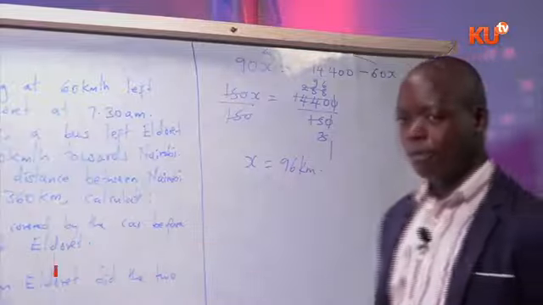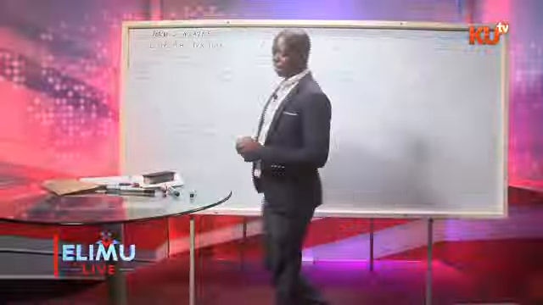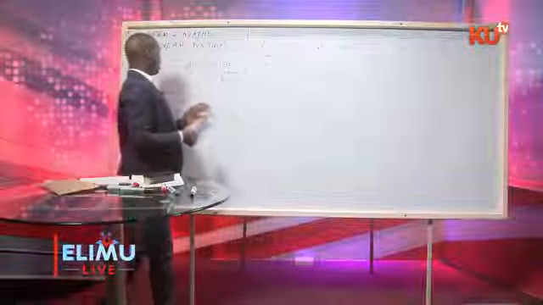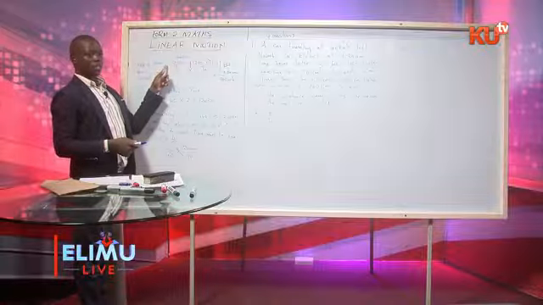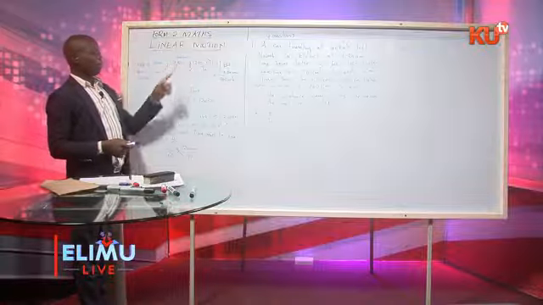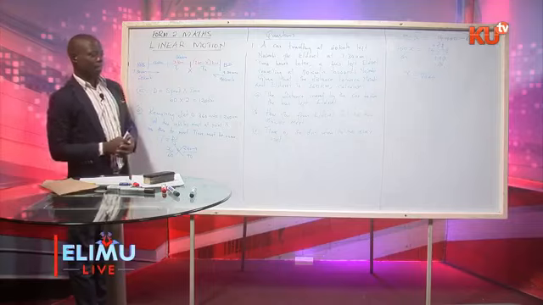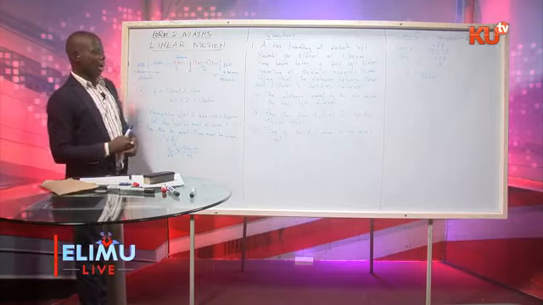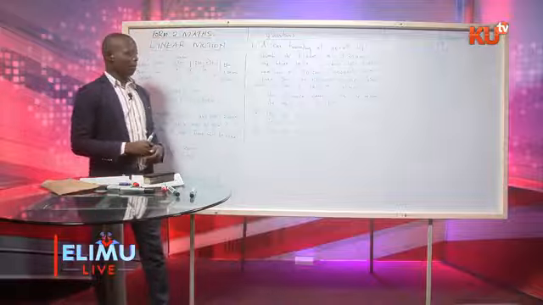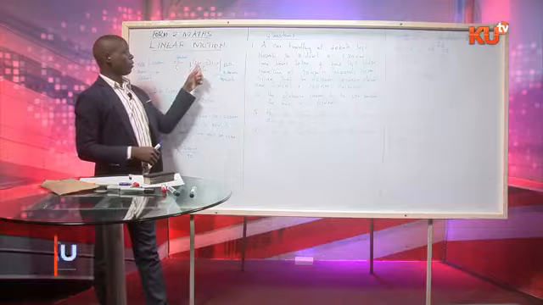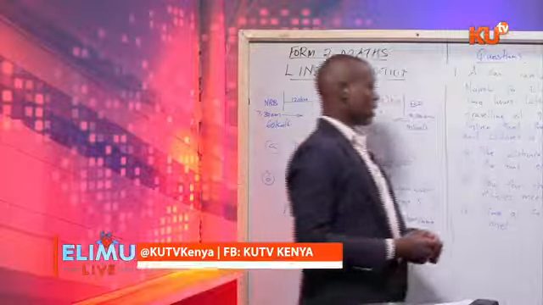kilometers. So what that implies is that the car had moved 96 kilometers from this point to where they met with the bus. But the question is asking, how far from Eldoret did the two vehicles meet? So we now use the expression 240 less x.